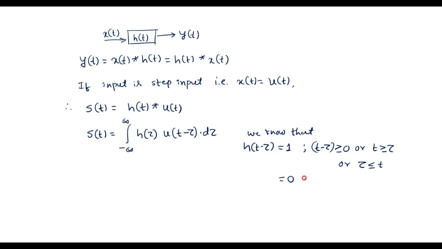And it is equal to 0 when t minus tau is less than 0. So therefore, considering this condition, I can represent s of t as s of t is equal to the integration from minus infinity to t, since the tau value should be less than t, of h of tau d tau.